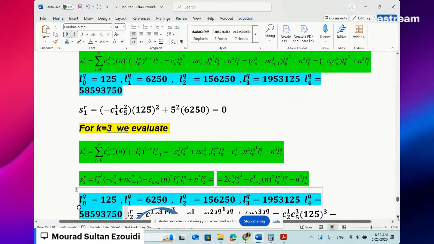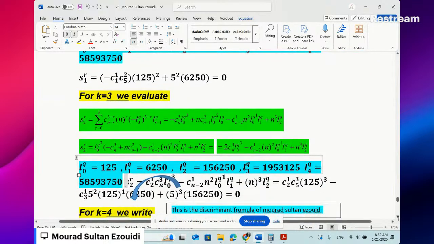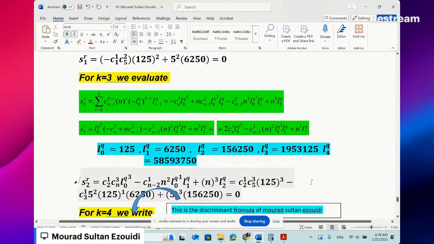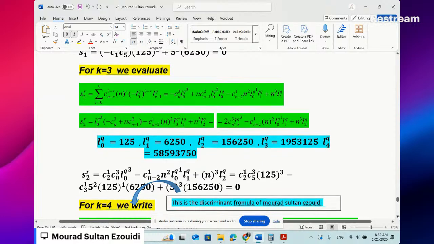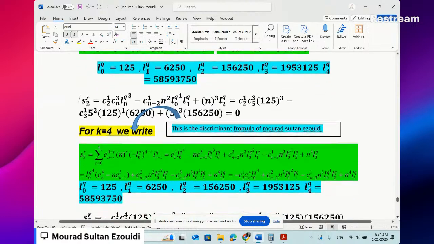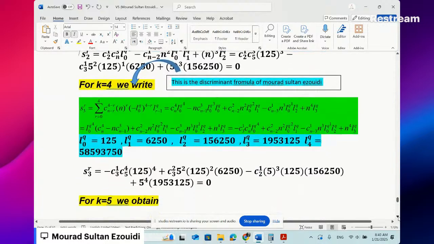Now to find S3, just use the Ezouidi theorem, and of course you are going to make substitution, and you will obtain that S2 is equal to 0. Therefore, to find S3, you should put K equal 4 in the discrete formula of Murat Sultan Ezouidi and make your own calculation, and you will obtain that in fact S3 is equal to 0.